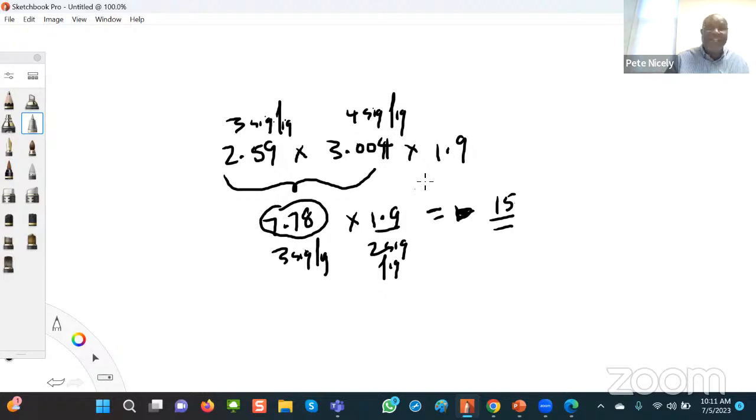Now, if I were to enter all these numbers straight into my calculator, let's see what that would give. I don't know what it's going to give, but let's see. 2.59 times 3.004 times 1.9. All right.